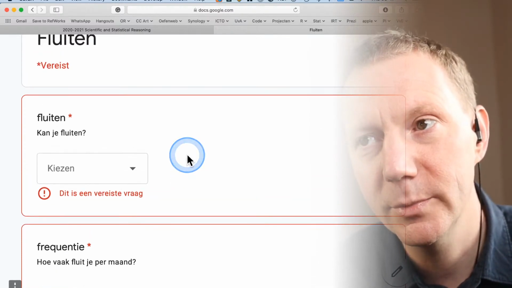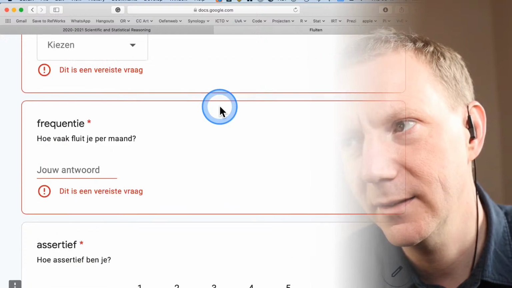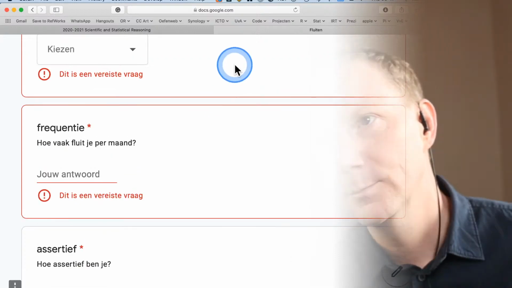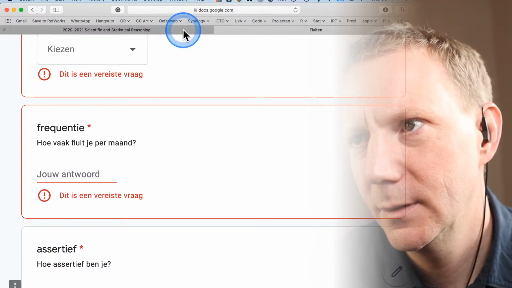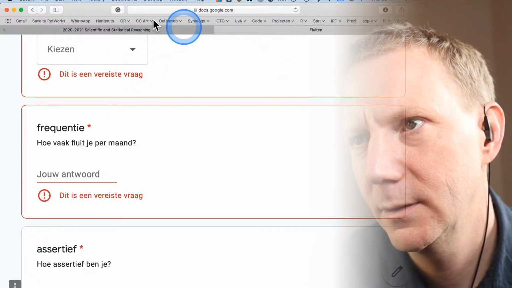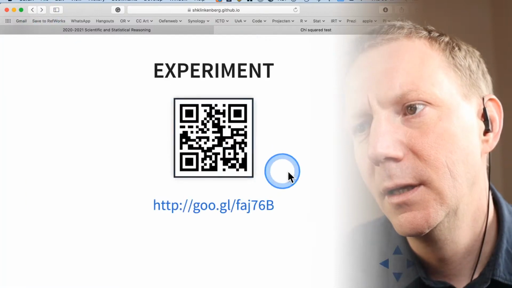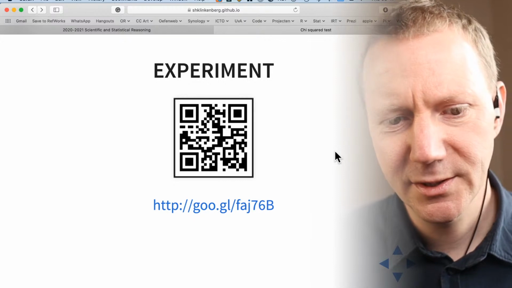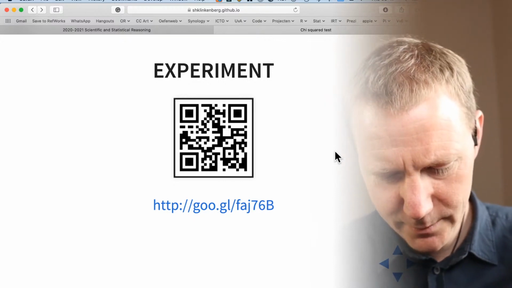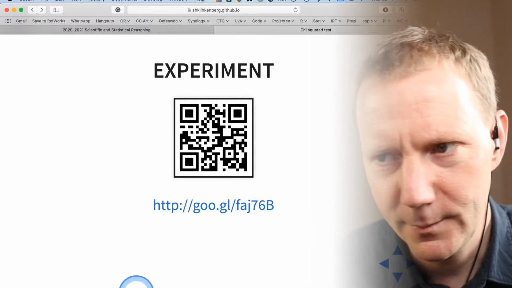So you have to be very precise, and well, it's good to see that in action. So is this working? Are you able to fill in the results? Yes. Very good. Cool.